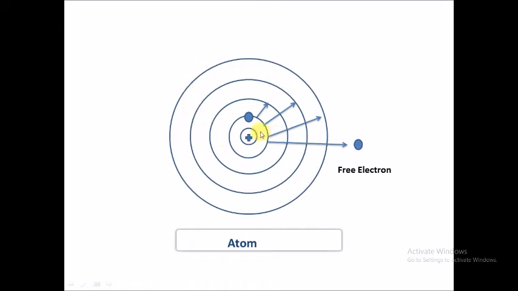The influence of the nucleus is not present on this electron, so when I provide 25 electron volts of energy, the electron will be completely out of the nucleus. Now this electron is considered a free electron, and it is ejected from the atom. When one negatively charged electron is removed, the atom becomes positively charged, because the positive charge remains with that atom.